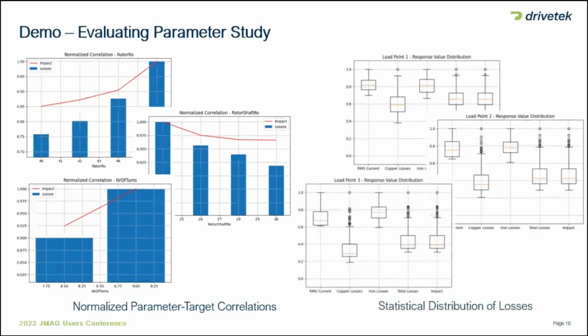Maybe it's also interesting to look at the statistical distribution of the losses for different load points or different load profiles. Just like shown here, for different load points, sometimes this varies from 20% to 100% copper losses in a single point. So this is also a good indicator if our search is maybe a bit too narrow or a bit too broad.